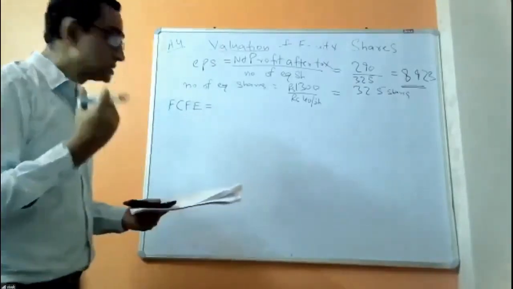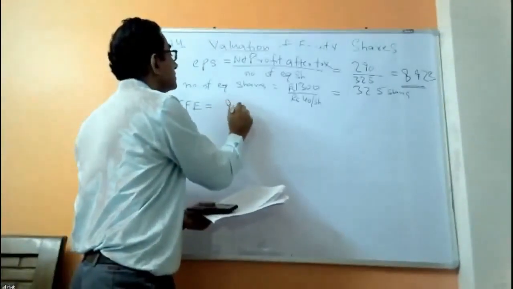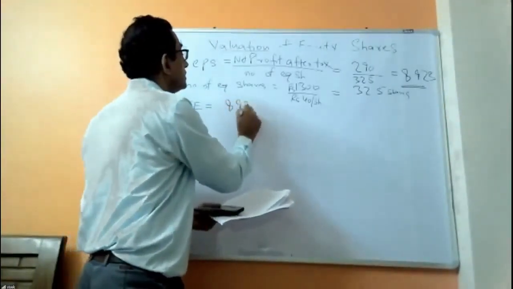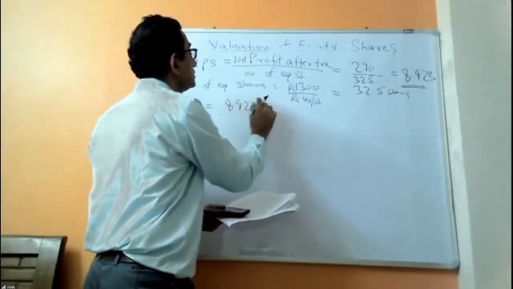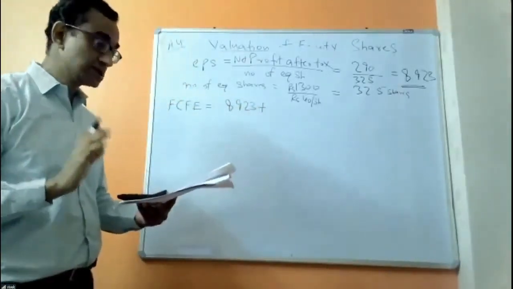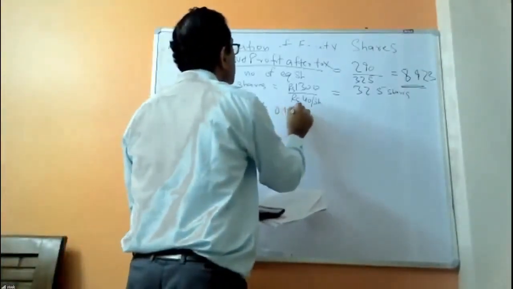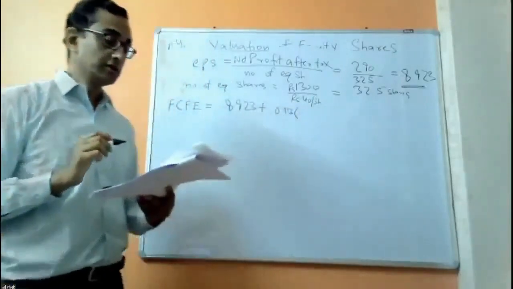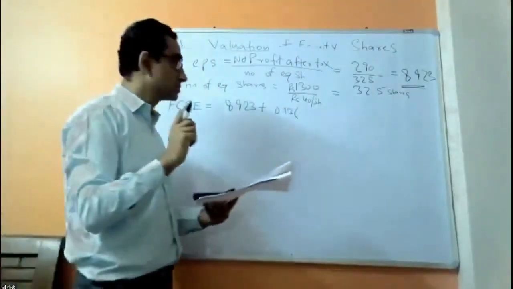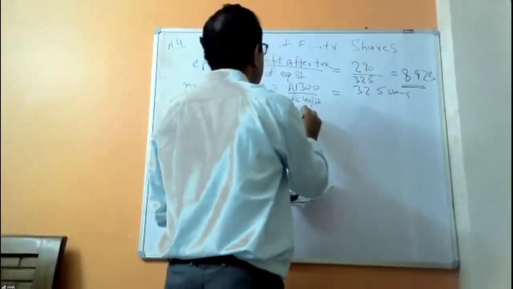Okay. Now let us see how we calculate it. First, we take the profit figure, 8.923 earning per share, plus we add the depreciation. Depreciation per share is given 39, but it has to be calculated on the percentage of the equity, which is 73%. 0.73 multiplied by 39.